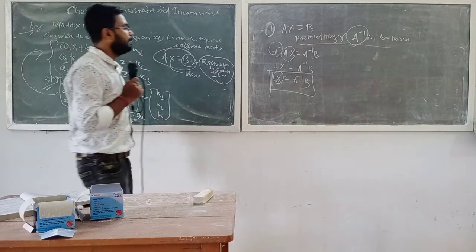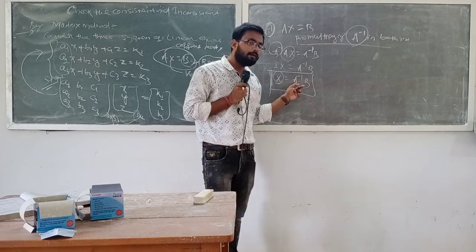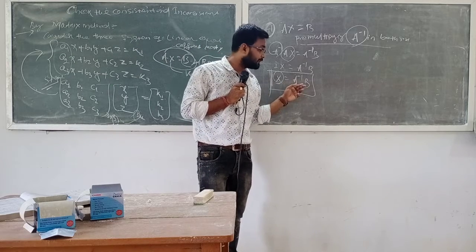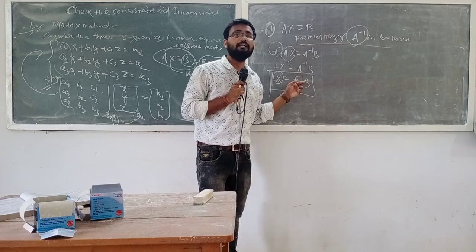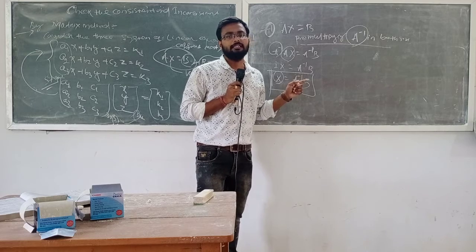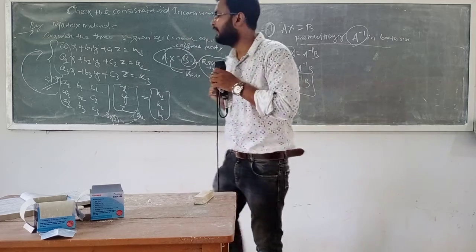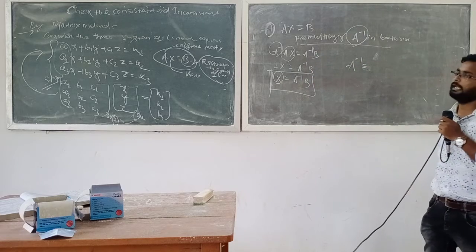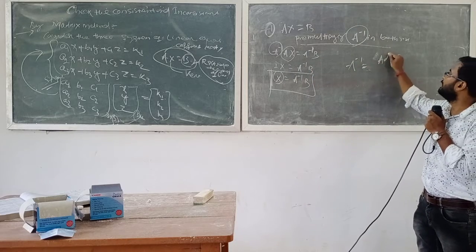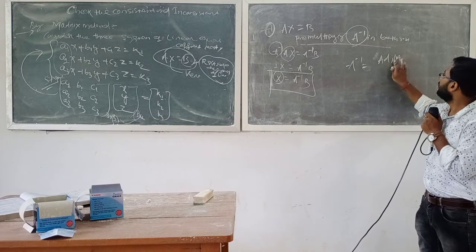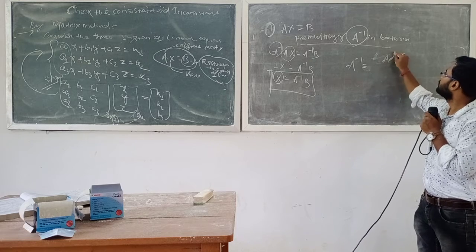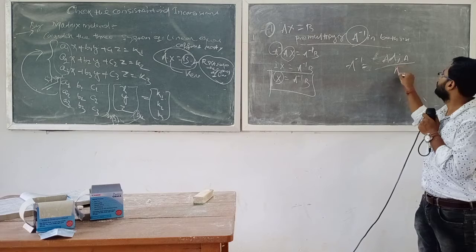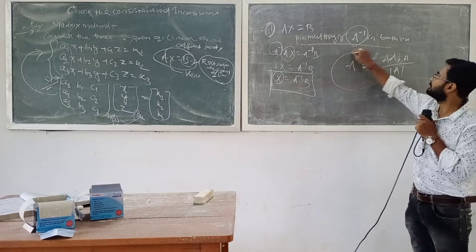x, y, z you can find out by the process A inverse into B, so that first of all we can find out the values of A inverse. How to find A inverse: the process to find A inverse is adjoint A by determinant of A. You have to remember this.